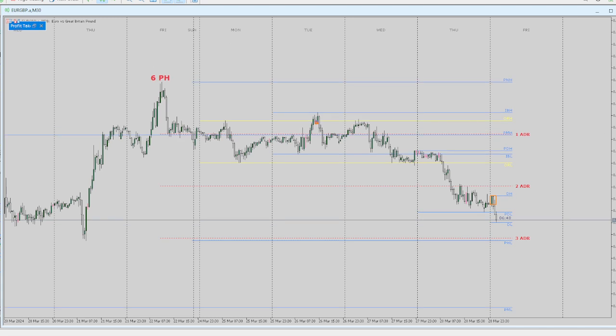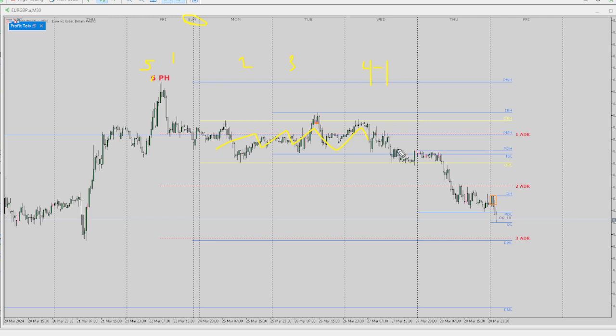Actually, this will be a 5 because this particular broker counts Sunday, right? They have Sunday on here, and therefore it counts it as a day. So that's why this shows 6 when it should be 5. So like I said, 1, 2, 3, and then 4. So 4 is usually my reset to the 1. That's how I just look at it, because if it's just ranging like this and doing nothing, right?